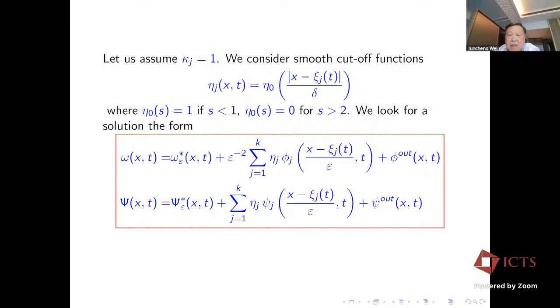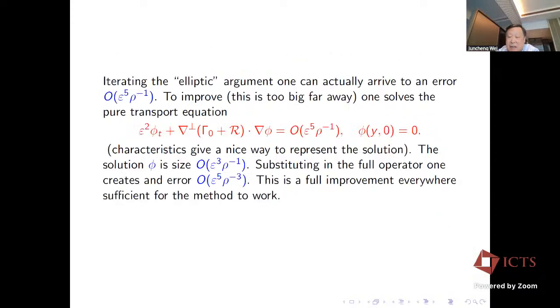So I explained to you what is the problem with the linearization.